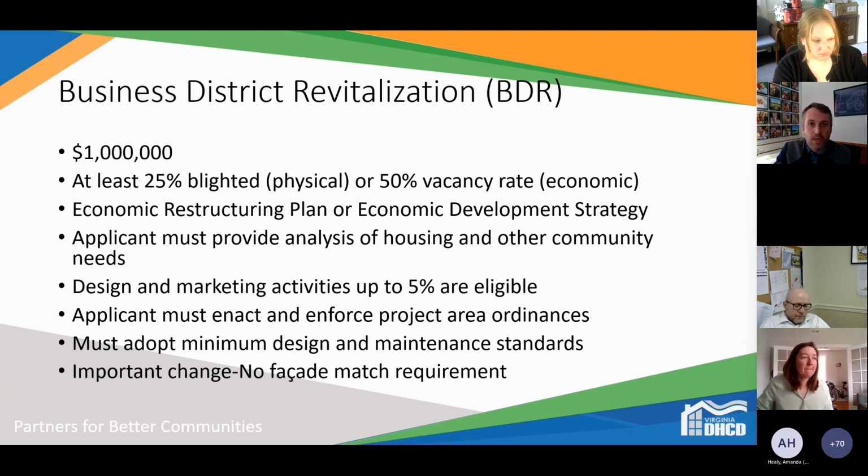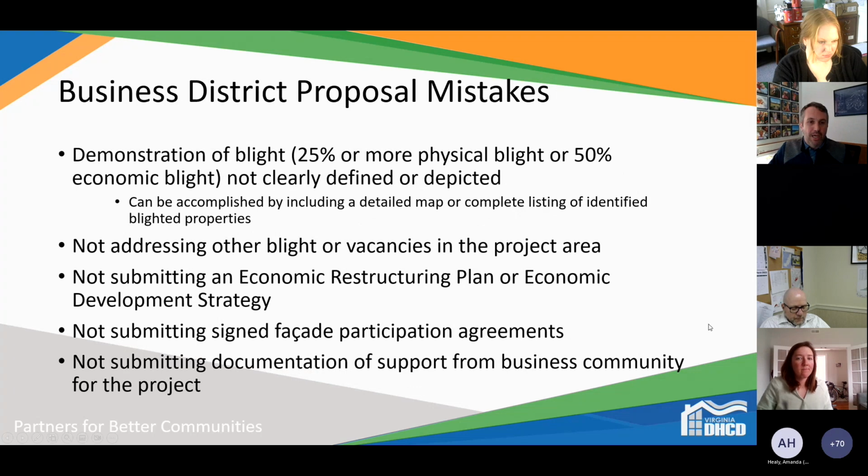Next slide, please. And this can be the kickoff to think through some of the application needs, as well as some of the common mistakes and things that you'll want to avoid in your application. But essentially for BDRs, if you don't have a clearly defined 25 or 50% blight rate, we have a hard time defining that for projects.